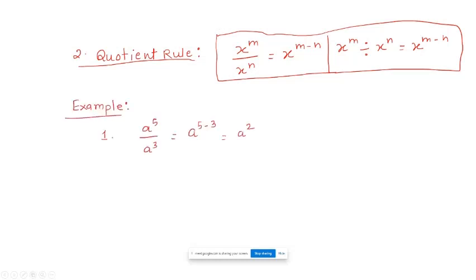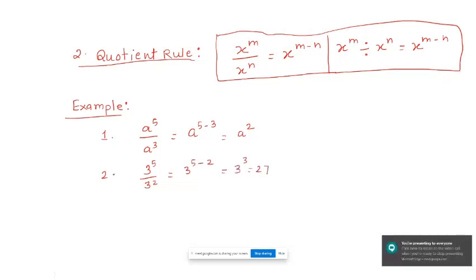Let's have another example. What will happen if you have 3 to the power of 5 divided by 3 to the power of 2? It means 3 to the power of 5 minus 2, which implies 3 to the power 3, or if you change it, 3 times 3 times 3, that is 27.